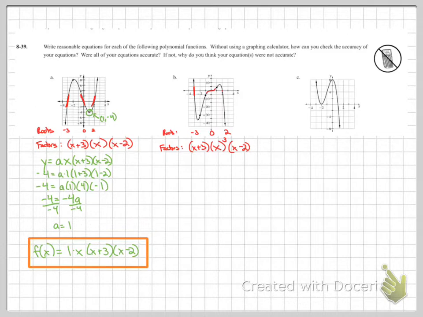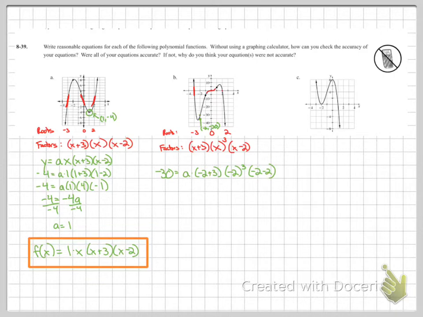Find that other point they gave you. This point looks like it's (-2, -30). This time I'm going to plug that in at the same time. So -30 equals a times, I'll just keep them in the order they're in now, x is -2: -2 plus 3 times -2 cubed times -2 minus 2.